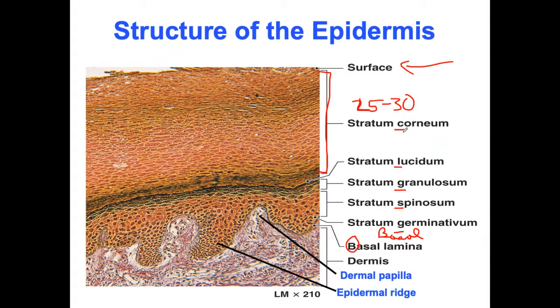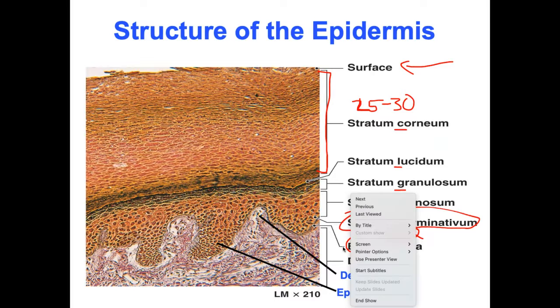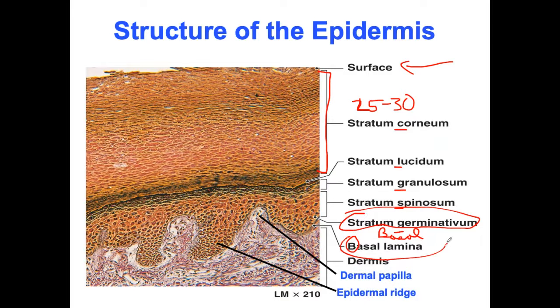That's the stratum corneum. Then as you go down, stratum lucidum, granulosum, spinosum, germinativum, all of the stem cells are going to be down here in the stratum germinativum layer, as well as that basal layer. All of the stem cells are down here.